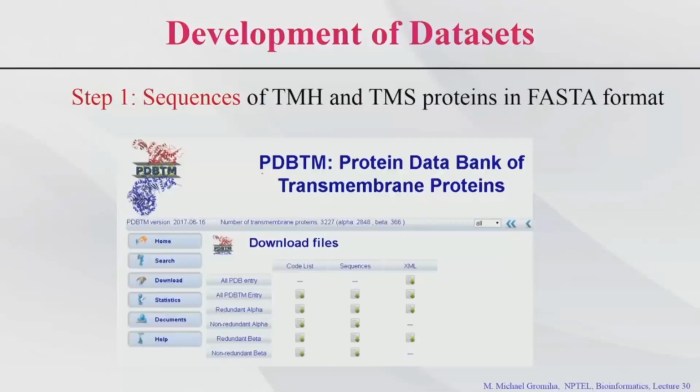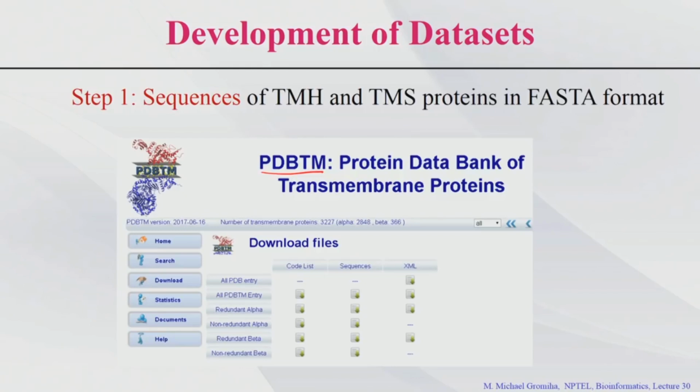Here our aim is to classify transmembrane helical and strand proteins. You can get the data from the Protein Data Bank. Also there are several databases specifically for transmembrane proteins, such as TMtopo or PDB-TM. PDB-TM is updated quite frequently, and there is a recent update.